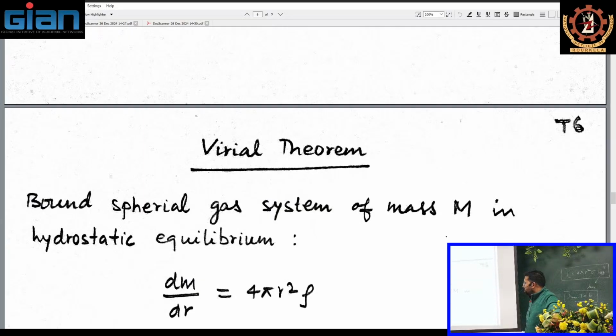In this case the mass conservation can be written as dm by dr is equal to 4 pi r square rho. So what we are considering is a bound spherical gas system in hydrostatic equilibrium.